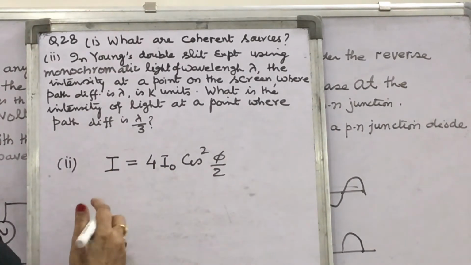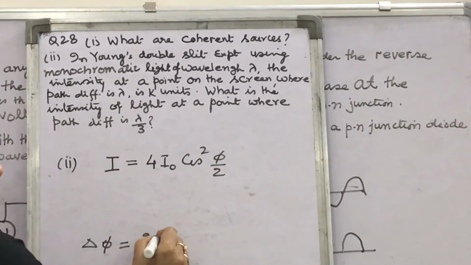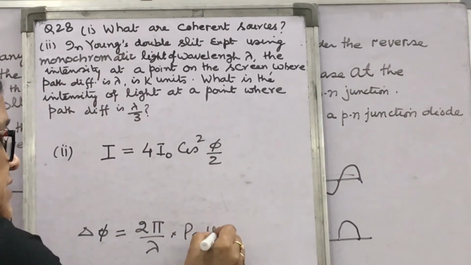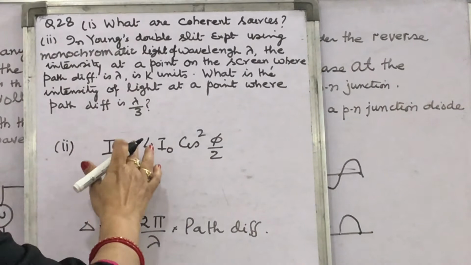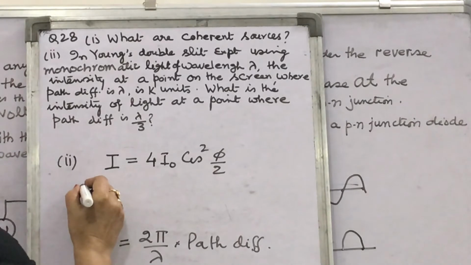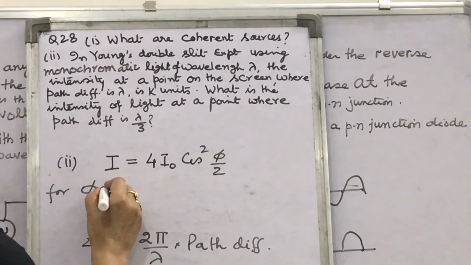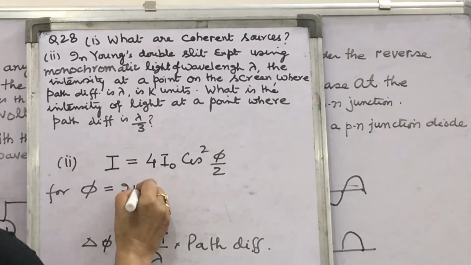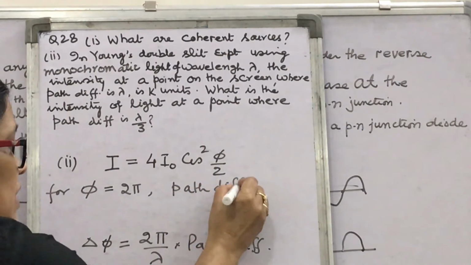One more relation you should learn: the phase difference delta phi is equal to 2 pi over lambda into path difference. These two relations are used here. Look here, for the first case, the intensity in interference you should know. Now one more thing, for a phase change of 2 pi, the path difference is lambda.